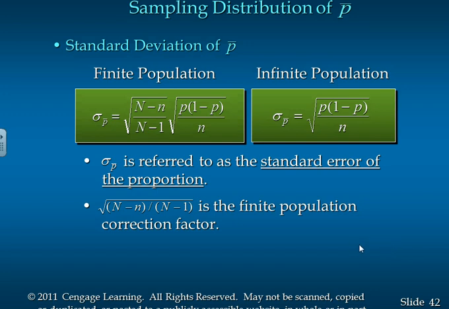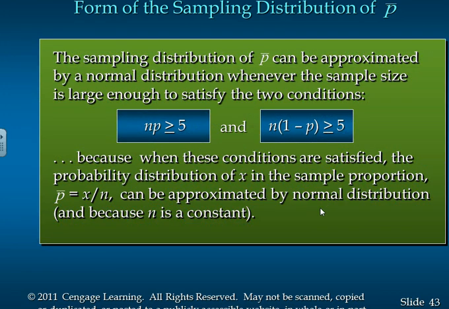There's a correction factor. The sampling distribution is normal wherever the sample size is great enough to satisfy it: n times p is greater than 5, and n times (1 minus p) is greater than 5.